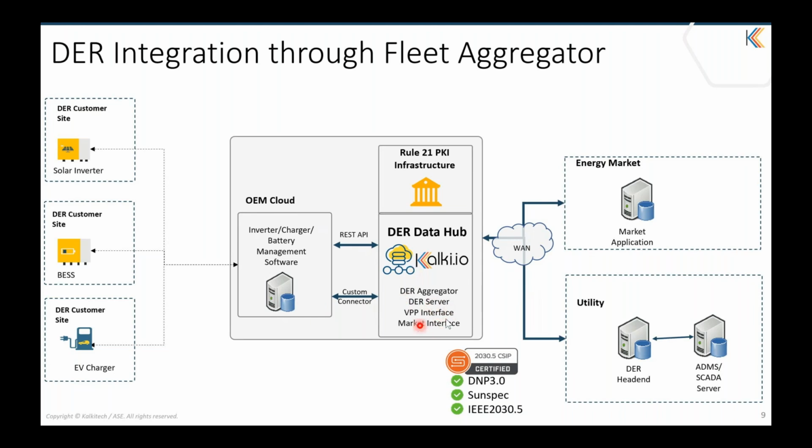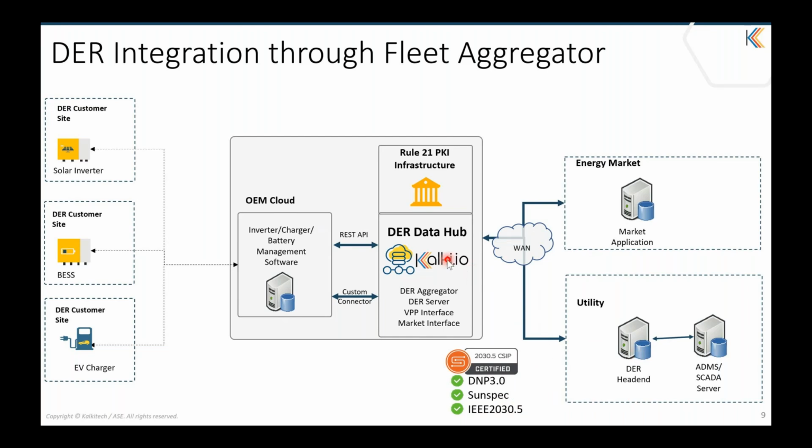And the 2030.5 aggregator in the data hub will send data to the utility systems on utility-defined protocols. It would be 2030.5, SunSpec, or DNP3. So in California, Rule 21, it is 2030.5, or else if the utility prefers DNP3 or other options, data can be exchanged with the utility on those protocols as well.